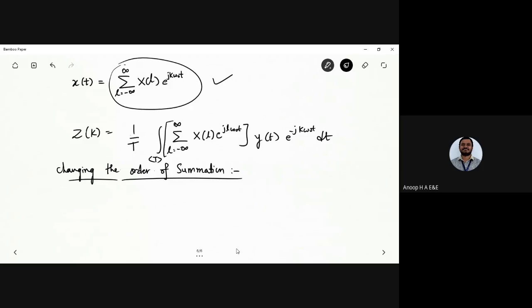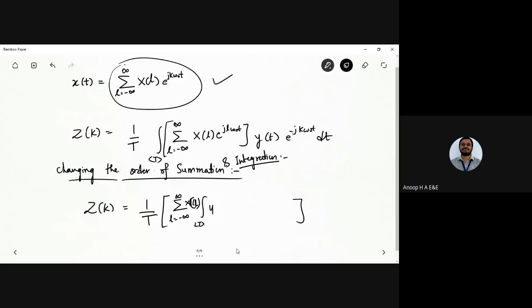If you carry it out, z of k would be equal to 1 divided by T, changing the order of summation and integration, sigma l equals minus infinity to plus infinity, x of l, and then the integral over the time period of y of t e power minus j k minus l into omega naught t dt.